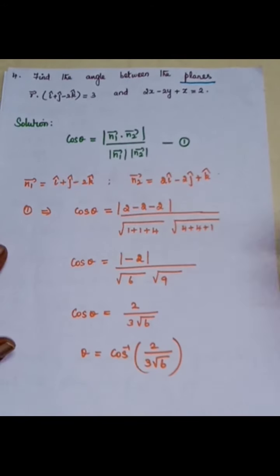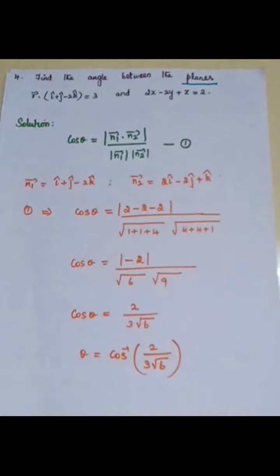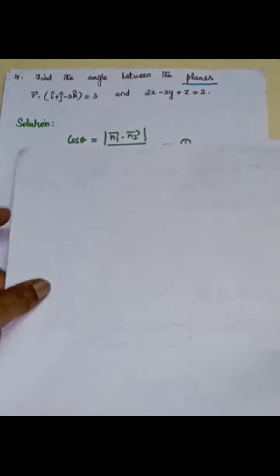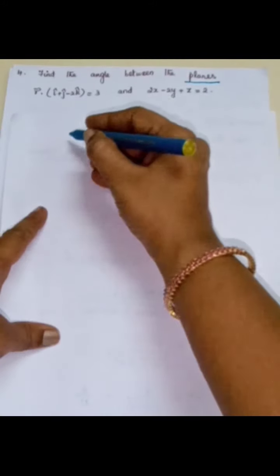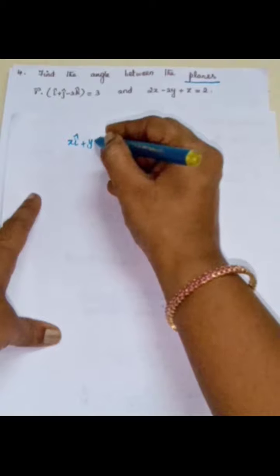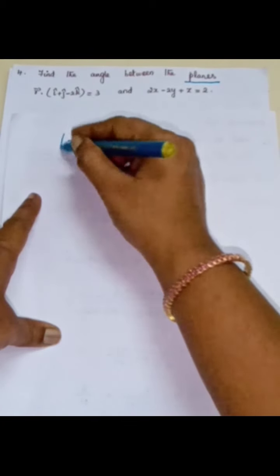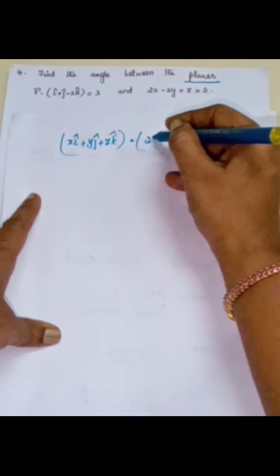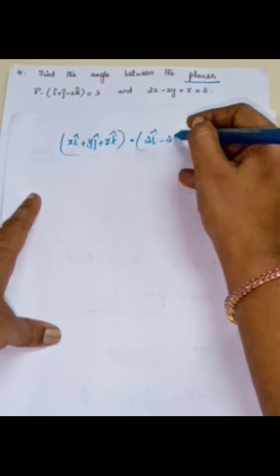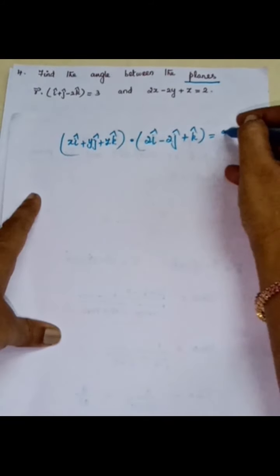See that in the plane equation we can write this as 2x minus 2y plus z is equal to 2. This can be written as xi cap plus yj cap plus zk cap dot 2i cap minus 2j cap plus k cap is equal to 2. It can be written like this.